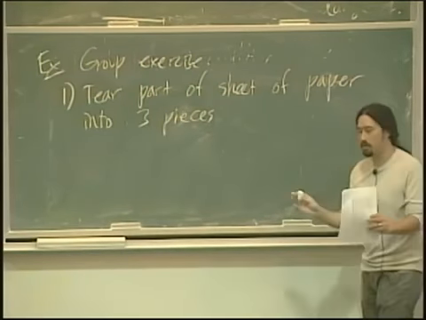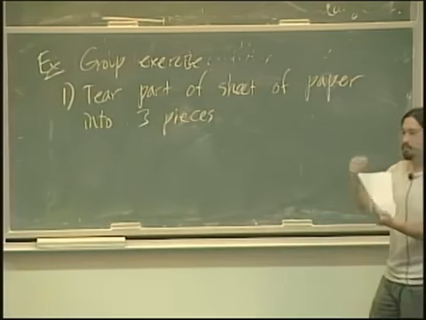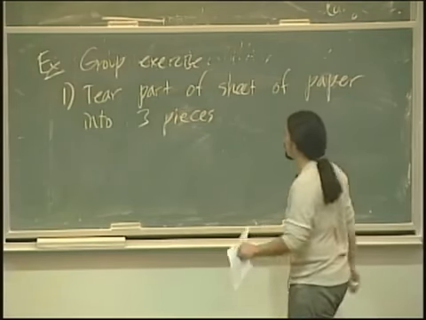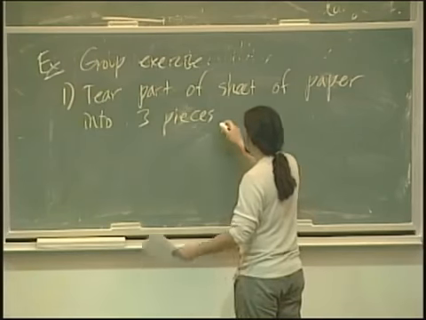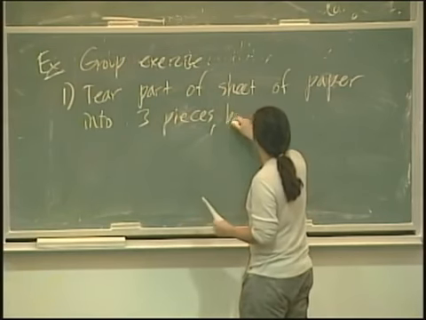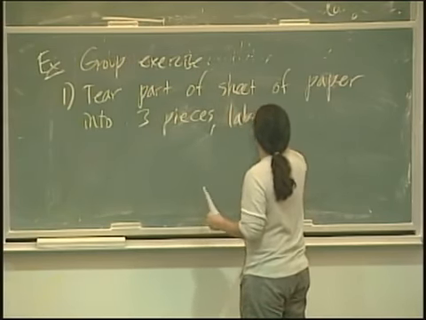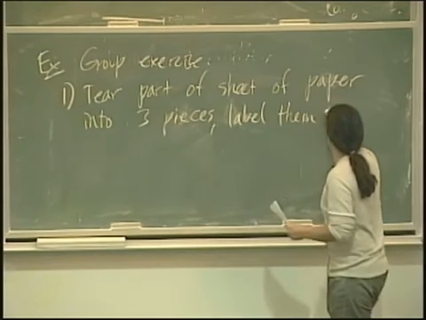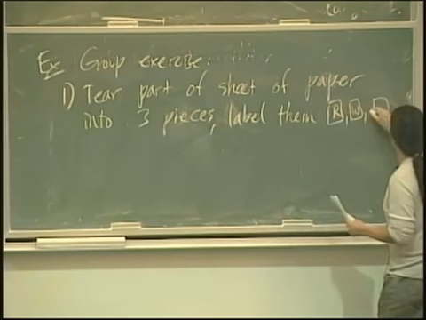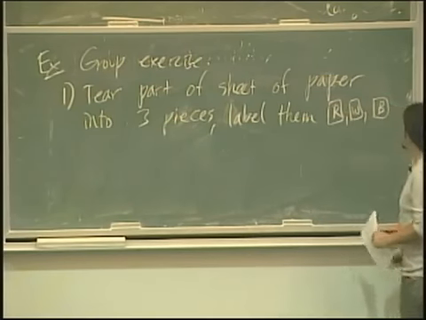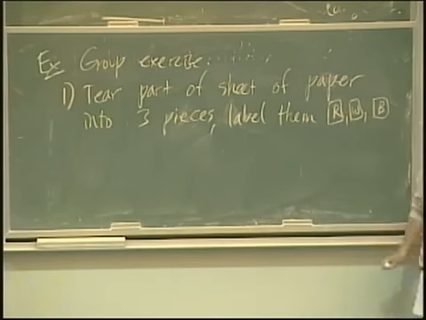Like I say, you can share with someone, or you can tear one sheet into a few pieces and pass them around real quick. And label them RWB, so it's intended to be like red, white, and blue.